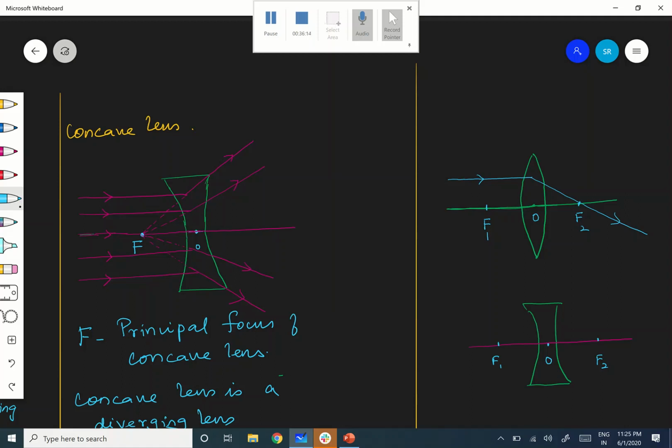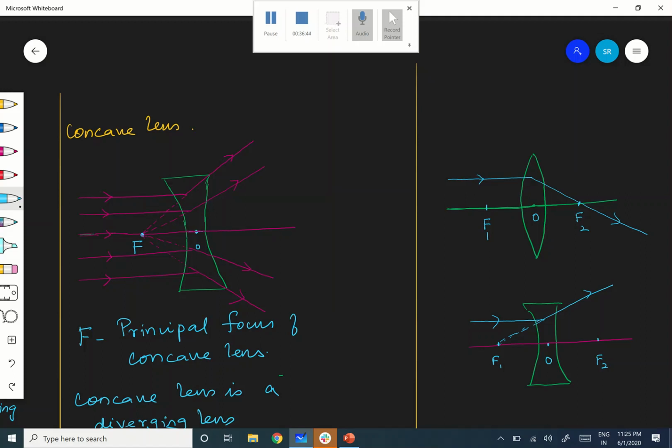Like that, in the case of a concave lens, parallel rays, after refraction, appear to diverge from the focus. It appears to diverge from the focus. Here it is f2, here it is f1.